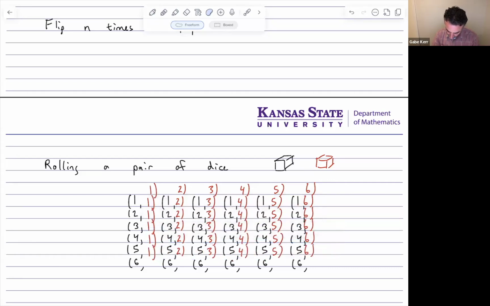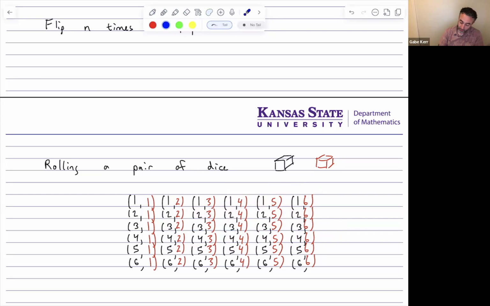And we'll end up with exactly 36 possible outcomes. So each of these pairs of numbers is a possible outcome, right? If we just point at one randomly, this would be the outcome where the black die comes up as a 4, and the red die comes up as a 2.